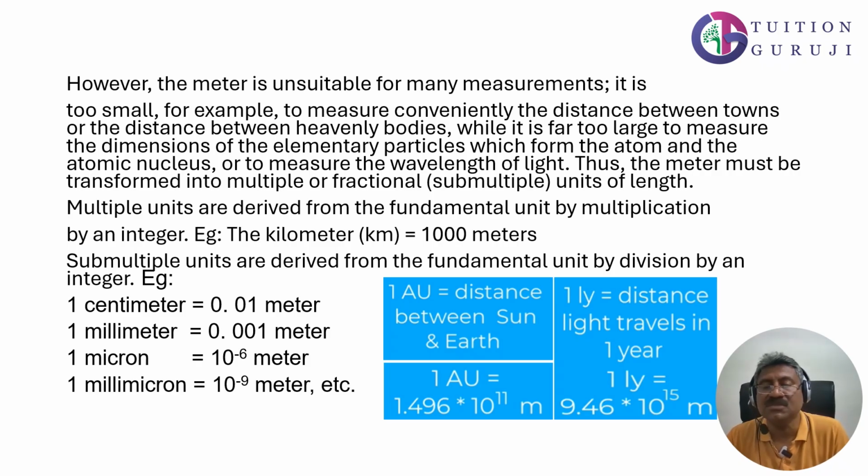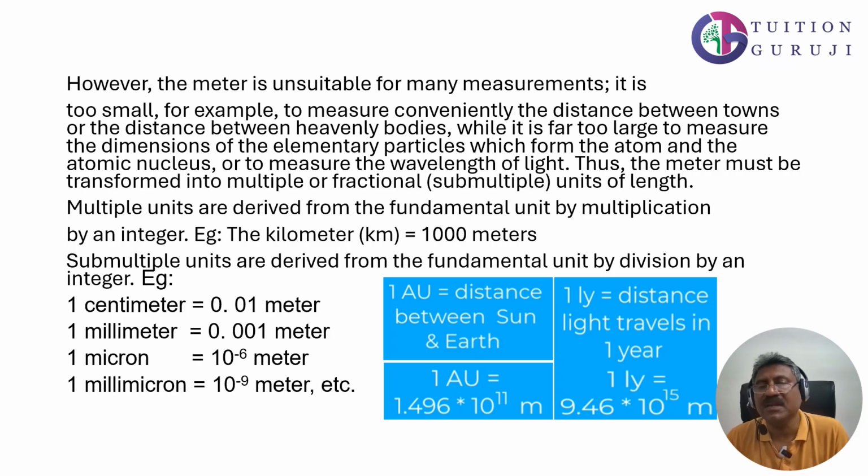For measuring the distance between two towns, we need kilometers. And it is too large to measure the dimensions of the elementary particles which form the atoms and the atomic nucleus, or to measure the wavelength of light. Thus the meter must be transformed into multiples or fractions of length.